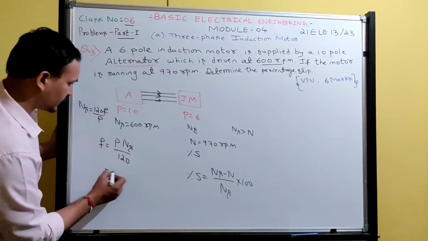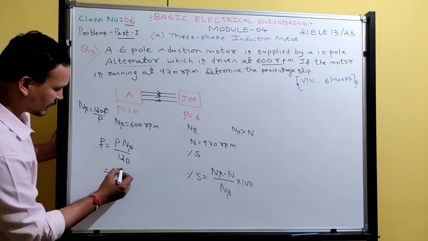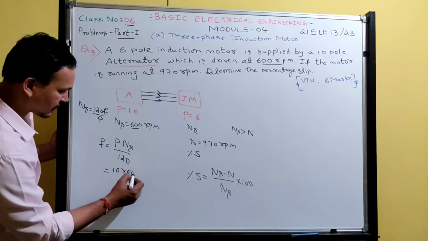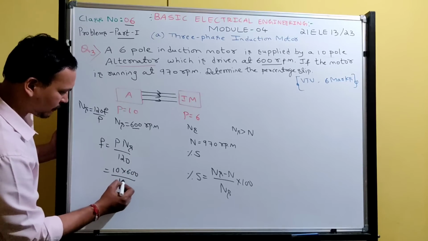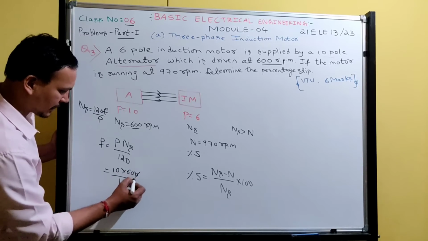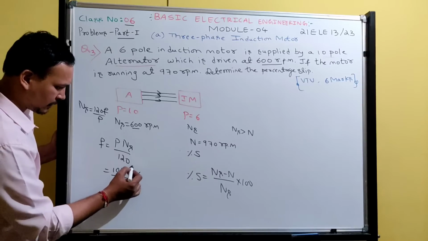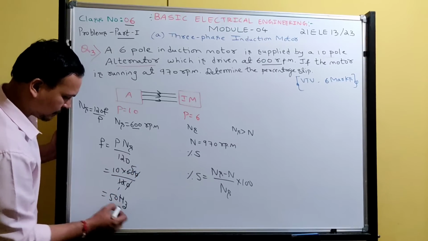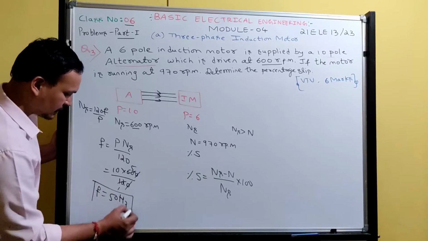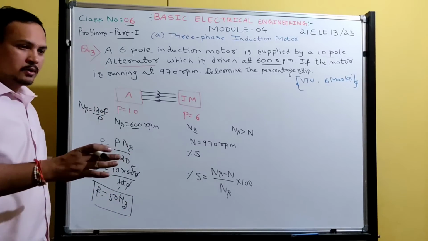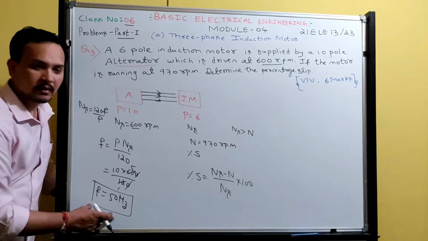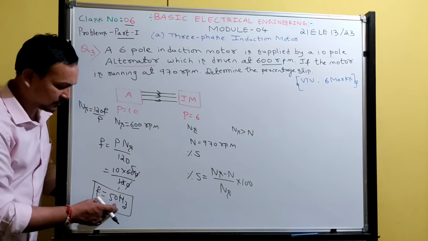Now substitute: 10 poles, speed Ns is 600, divided by 120. So the frequency is 50 hertz. The alternator produces the electrical quantity at 50 hertz.